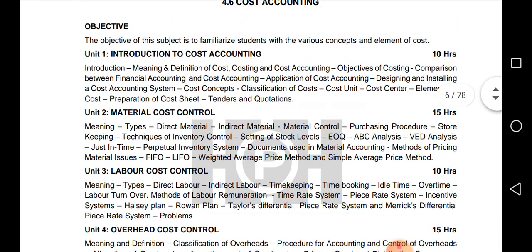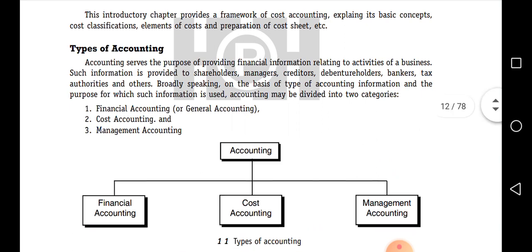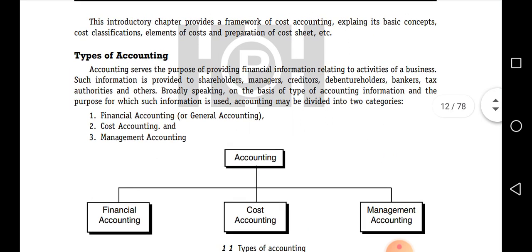So let us start with unit 1, introduction to cost accounting. Before studying the cost accounting details, let us have a look at the different types of accounting. Basically, accounting may be classified into three types: financial accounting, cost accounting, and management accounting.